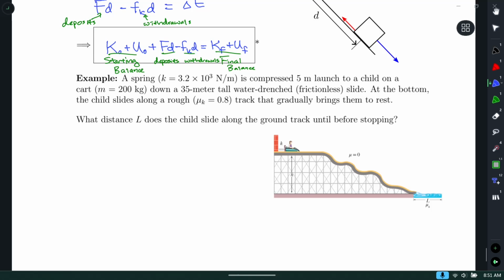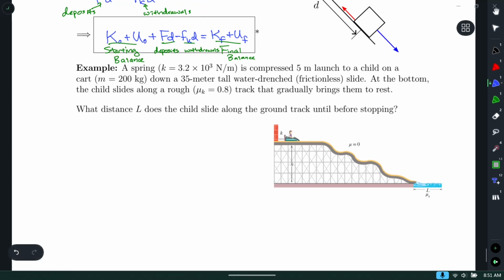35-meter tall water slide. At the bottom, he slides along a rough track, bringing him to rest. How far does he slide along the track before stopping? This would be a nightmare, if not impossible, to do with Newton's laws, because of all this stuff going on in between.